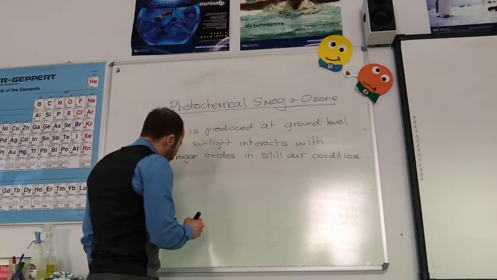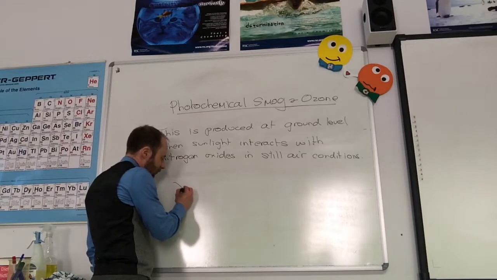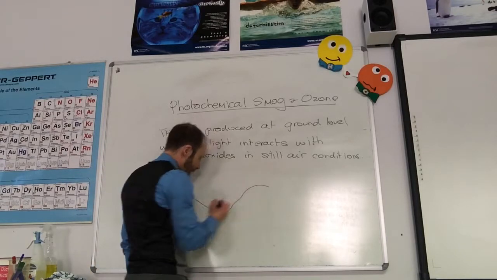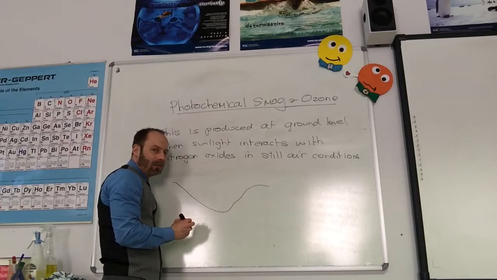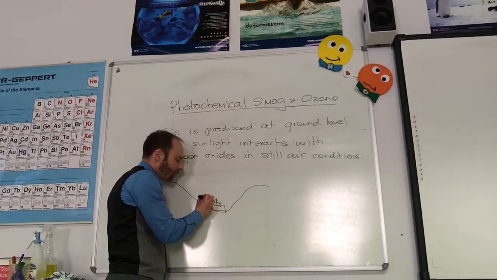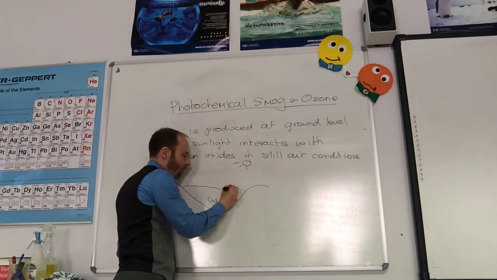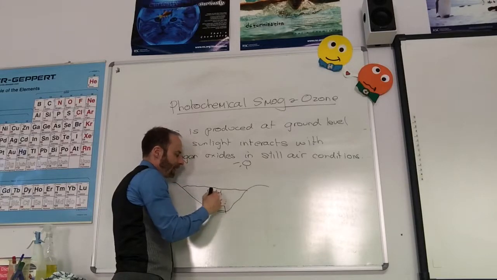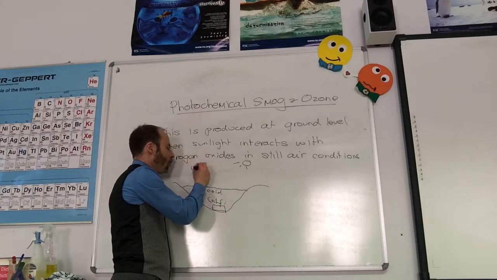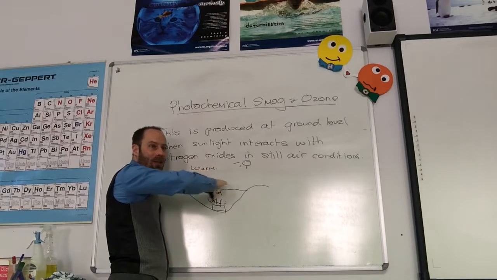Where is that dangerous? Often what you'll find is, let's say you've got a little valley, and here's your city in the valley. You have lots of cars producing pollution, and it's a nice, bright, sunny day. Cold air gets trapped, and then you have warm air up here. Cold air is denser than warm air, so it gets trapped here.